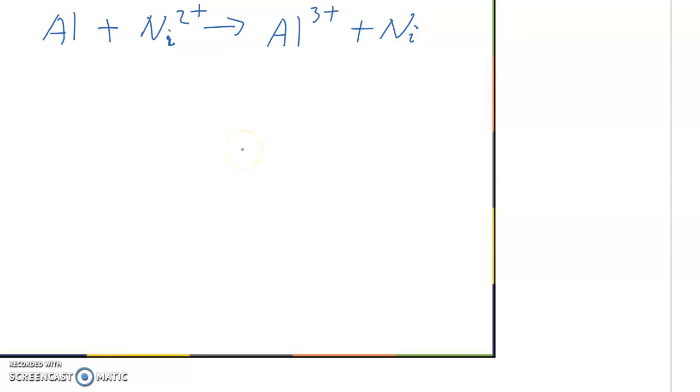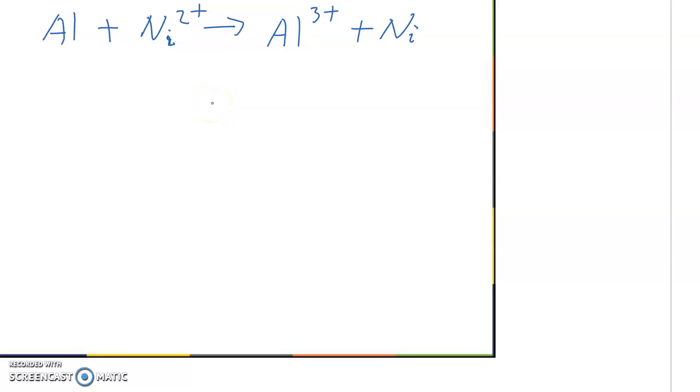Let's look at it. Aluminum on the left side is in its elemental form, so the oxidation number is 0. Over here it is 3. So aluminum is oxidized because the oxidation number increased. Nickel is 2 positive and becomes elemental form, that is 0. So nickel decreased, it is reduced, it undergoes reduction.